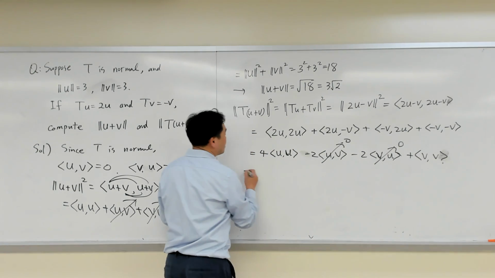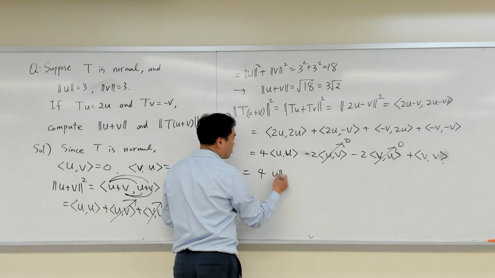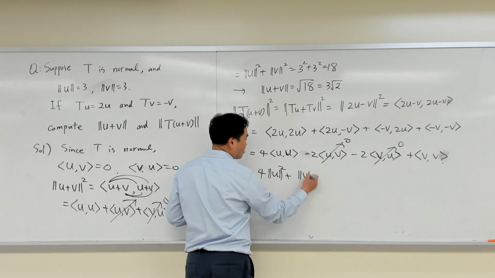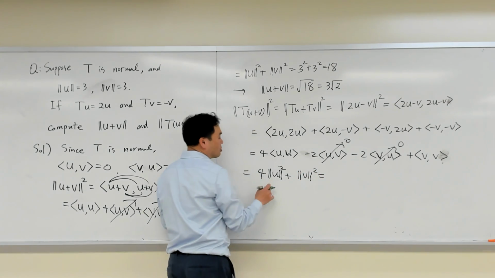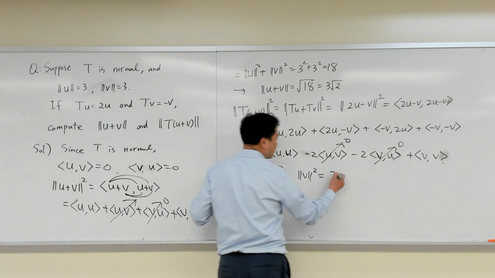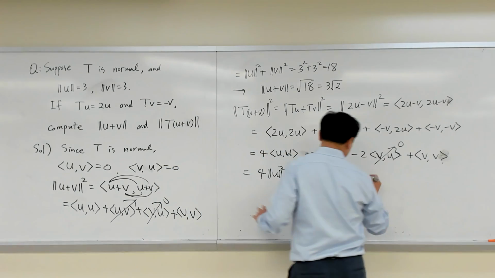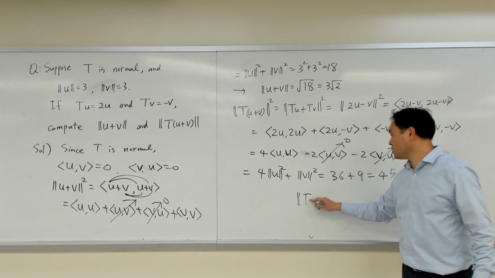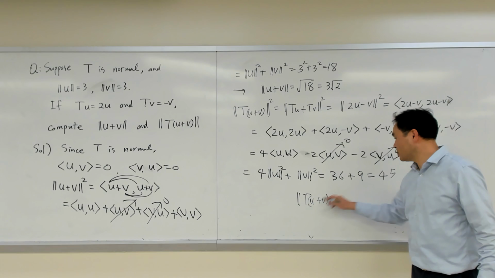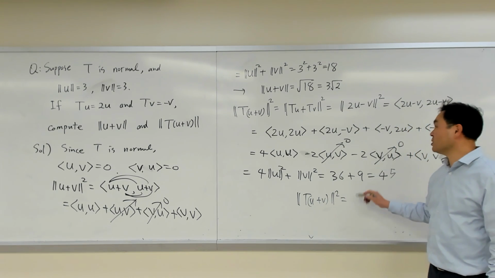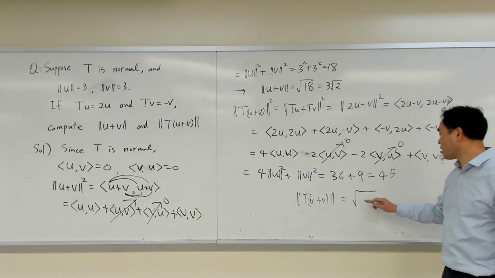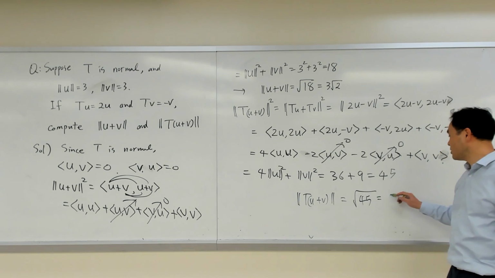That's going to be 4 times norm of u squared plus norm of v squared. That's going to be 36 plus 9, which is 45. So the norm of T(u+v), without the square, would be square root of 45, which is 3 radical 5.